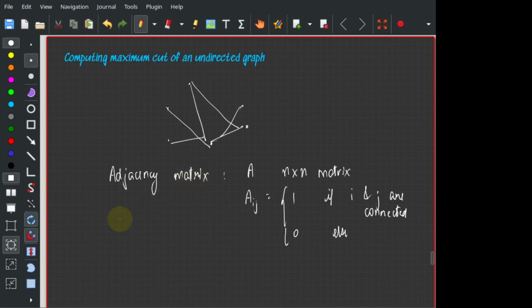Right, so just to understand things, let's take, say, this particular graph.